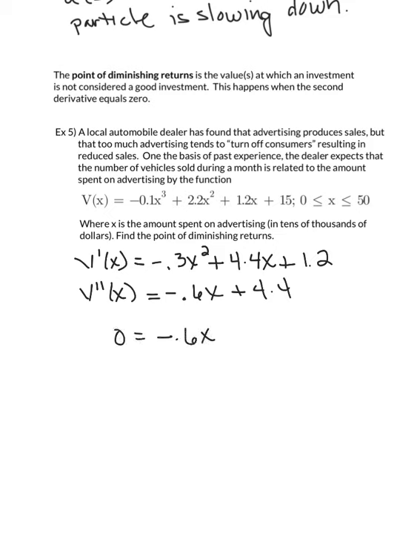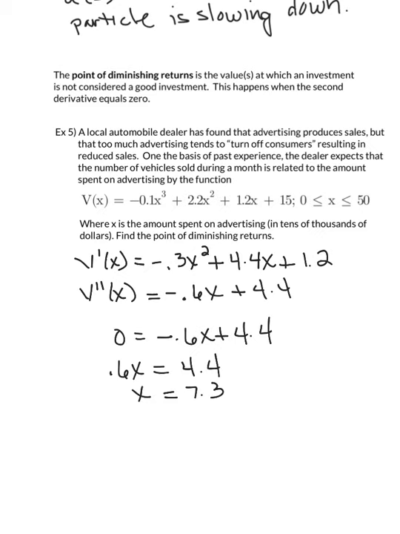So setting our second derivative equal to 0, to solve this, I'm going to add the 0.6x and get positive 0.6x equals 4.4, and then divide by 0.6, and we get x equals 7.3. Now remember what it says about x.